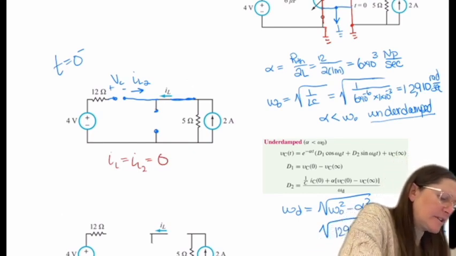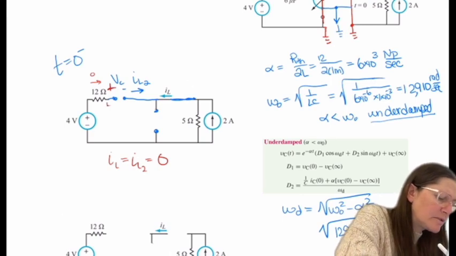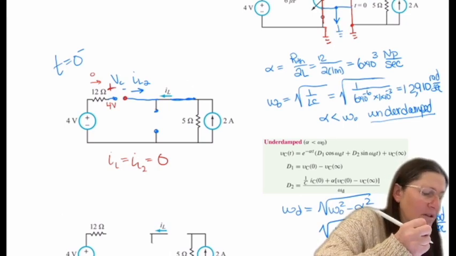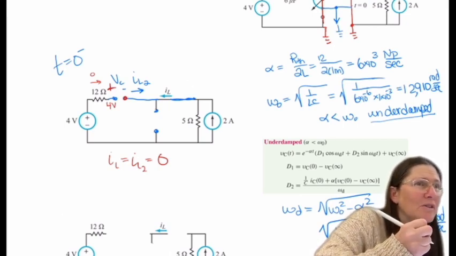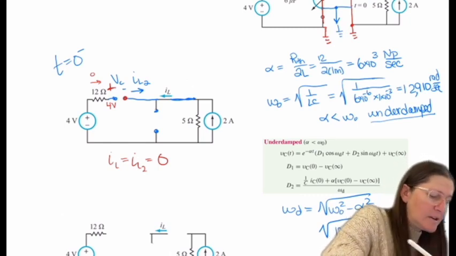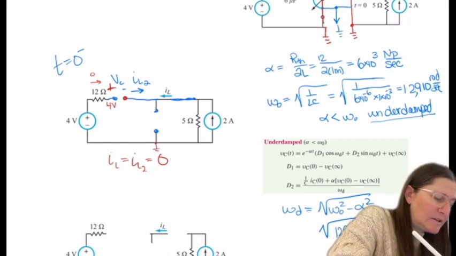And then VC is going to be, there's 0 current here, the voltage on this side, which is 4 volts. And what's the voltage on this side? Not 0. Is it 6? Or 10, yeah.